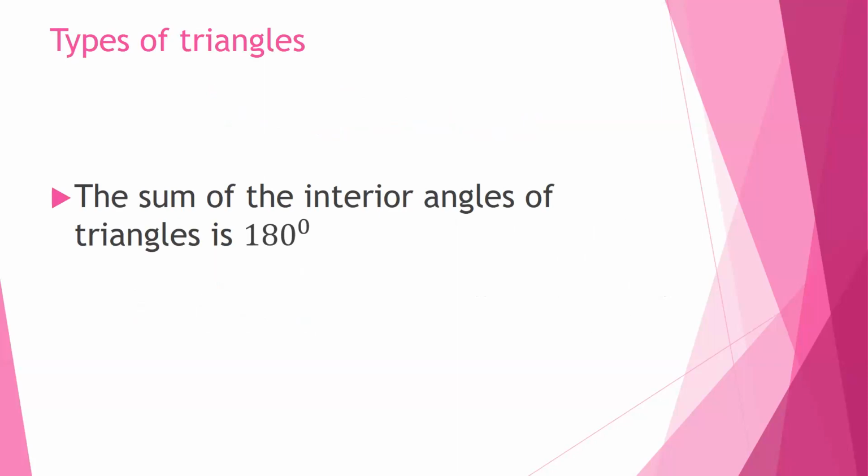We know that the sum of interior angles of triangles is 180 degrees. No matter the triangle, all the three angles that they form, when you sum them up, you should get 180 degrees, irrespective of the type of triangle.